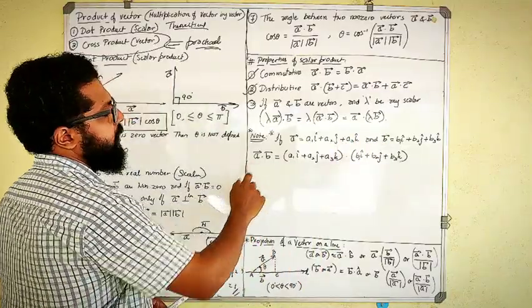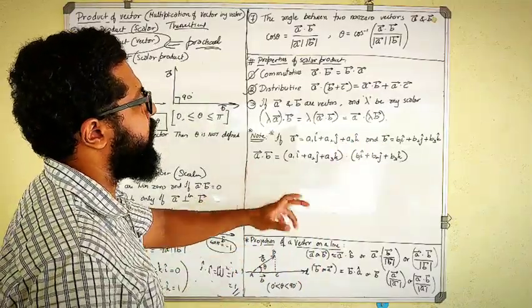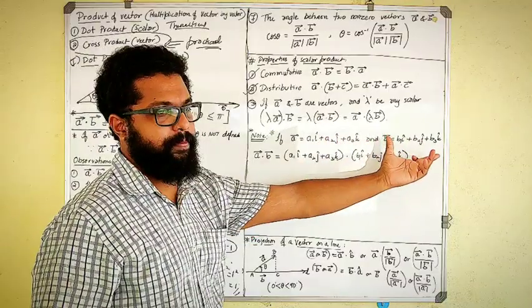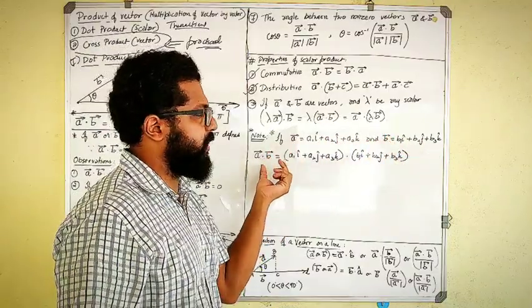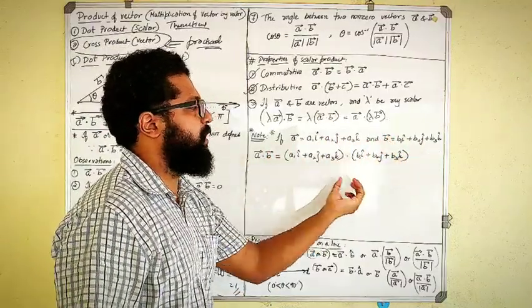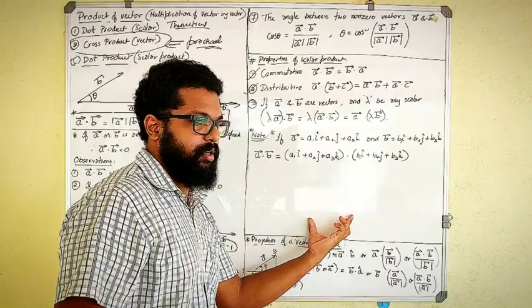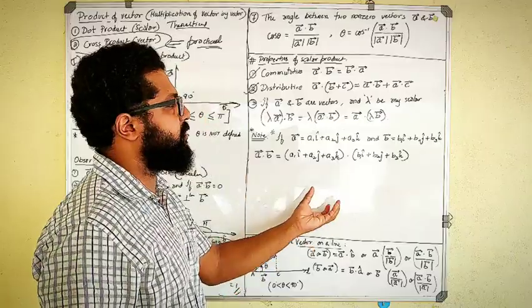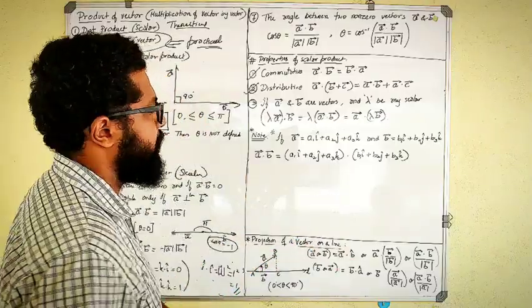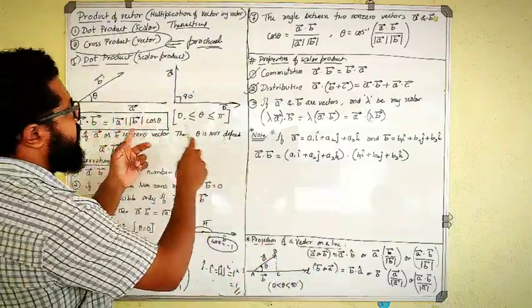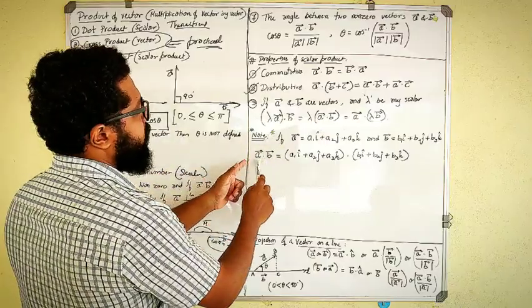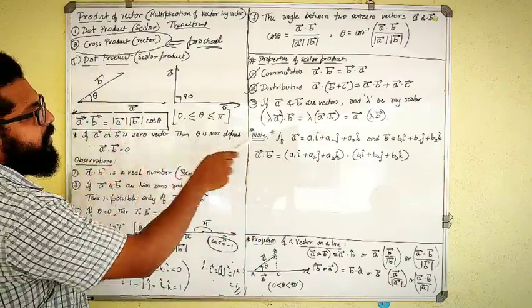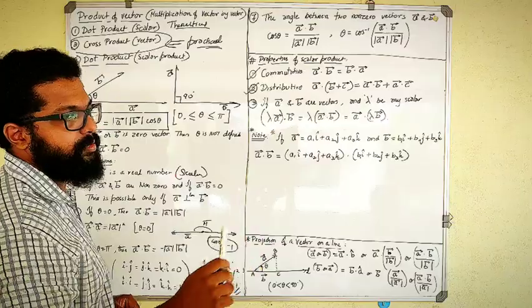Now, the dot product when the vectors are given in component form. I will frame an easier formula, or easier derivation, so that I can directly substitute to get the answer. Otherwise, why can't I use the earlier formula? They have not given you the angle between the two vectors, correct or not?